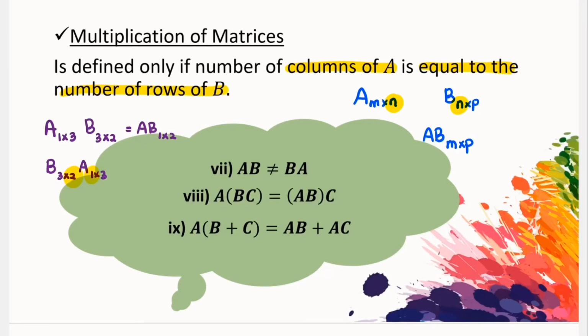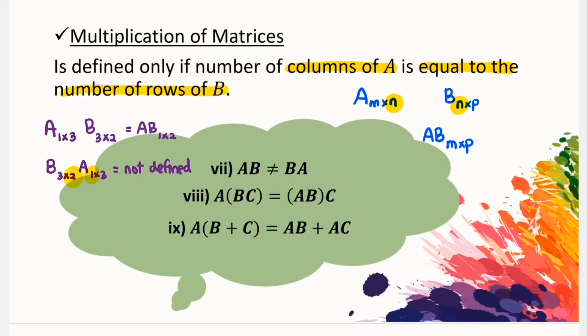Can we do the operation BA? No, we cannot, because the number of columns of matrix B is not the same as the number of rows of matrix A. So it is not defined.